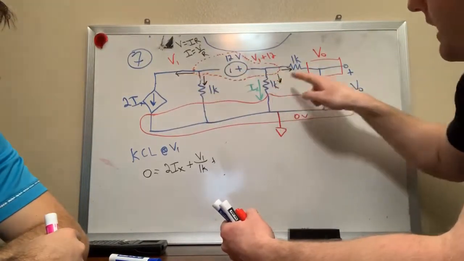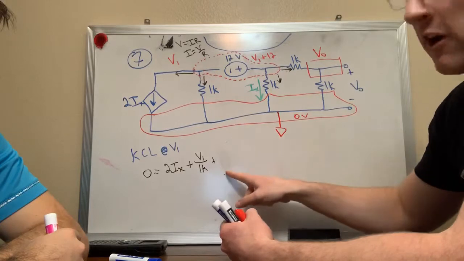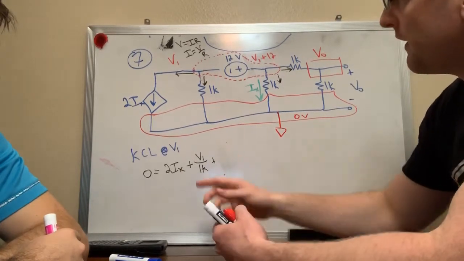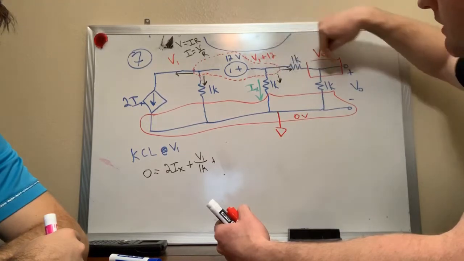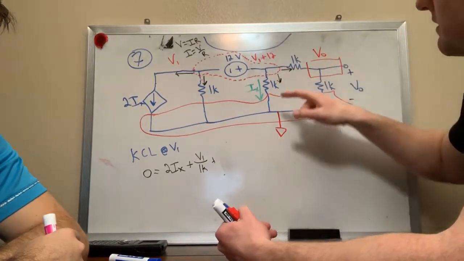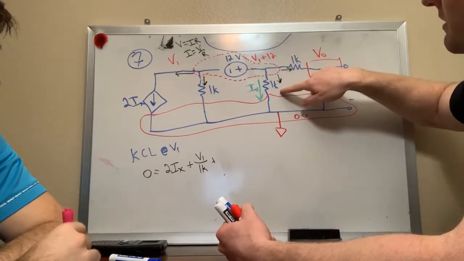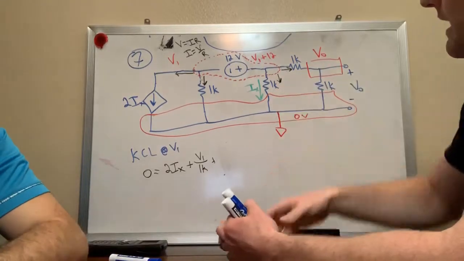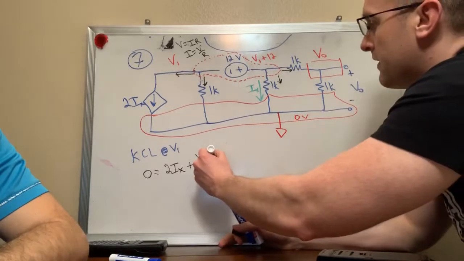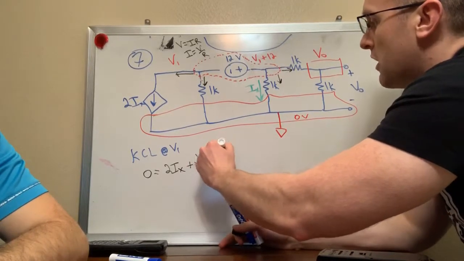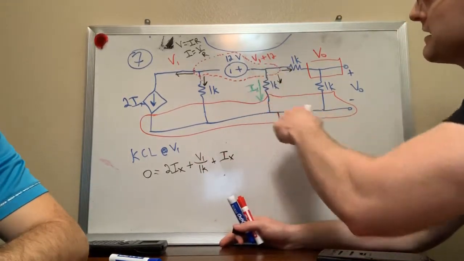For every arrow that I have, I need to come up with a term for current. So we already have left and down over here. Over here we have current going to the right and current going down through that resistor. So let's go back to this 1K resistor. That current is called Ix. It's already defined as Ix.